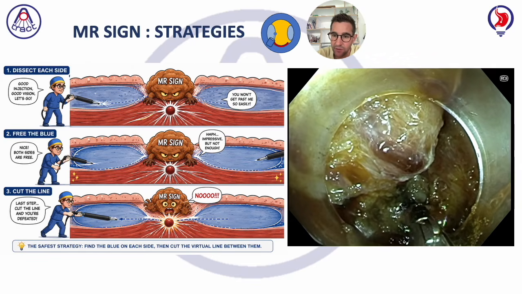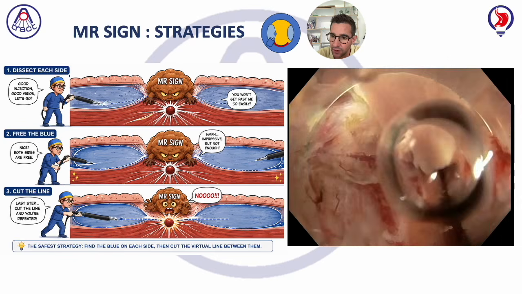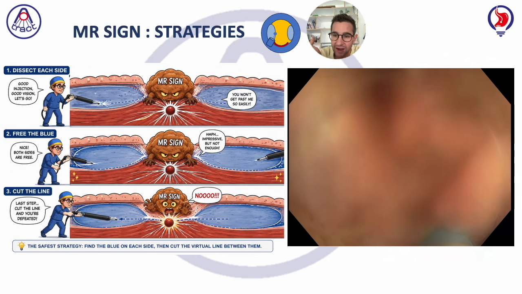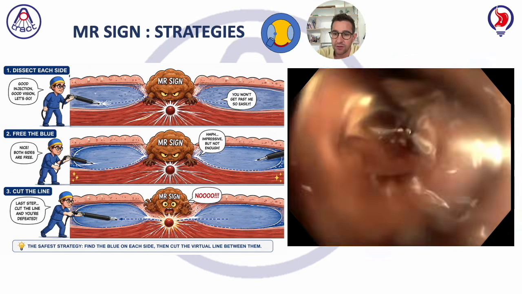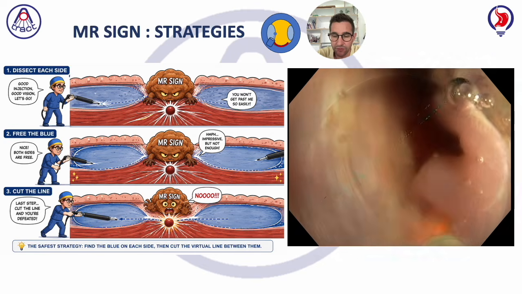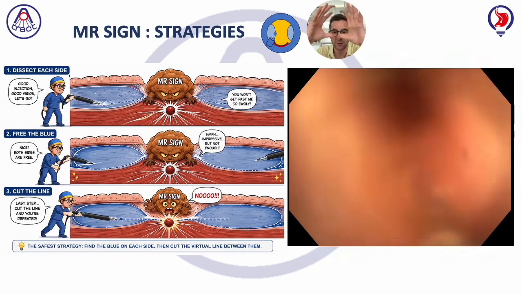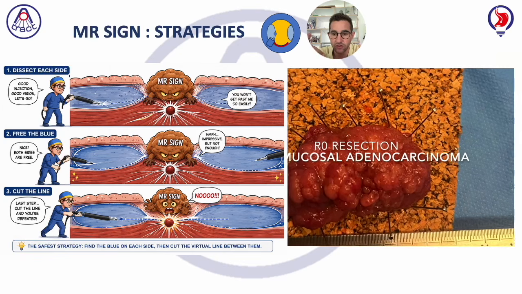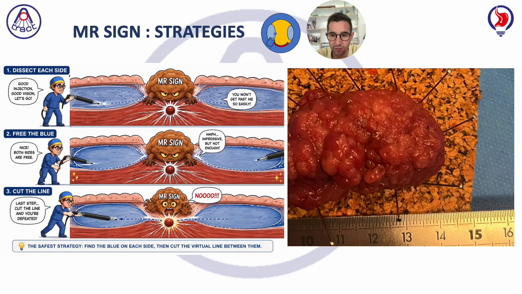Injecting a lot with blue will help you to try to advance relatively safely, controlling the vessels with visibility, and then trying again to go on the two sides of the blue and sometimes joining the two blue areas by yourself.